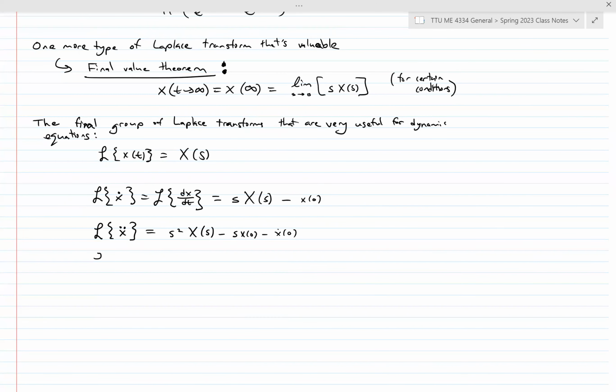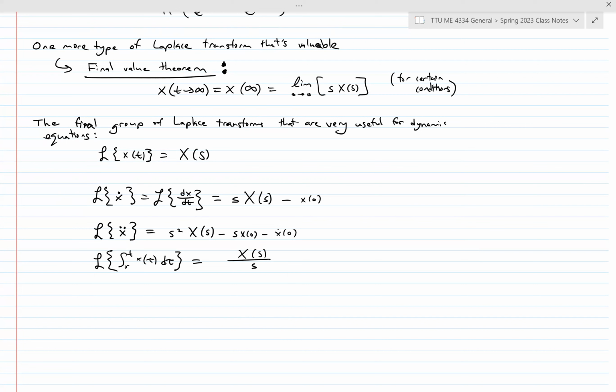We won't use this next one as much, but it will come up from time to time. For an integral from 0 to t of x of tau, replacing the t with tau and integrating over that, it's going to be X of s over s.